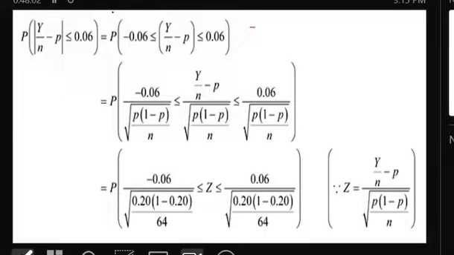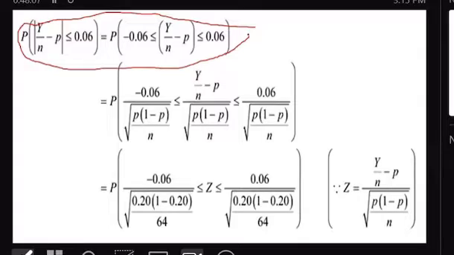Is there anyone who doesn't understand that? When you are dealing with proportion, it's always Y over n minus p. Please take note. Y over n minus p. That is for the proportion. Less than or equal to that; if you remove the absolute value, it's going to be that.